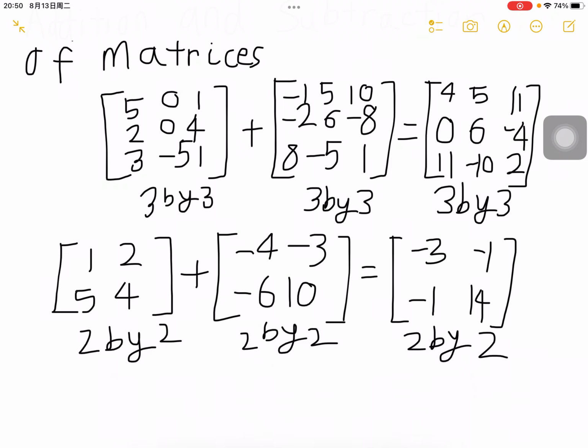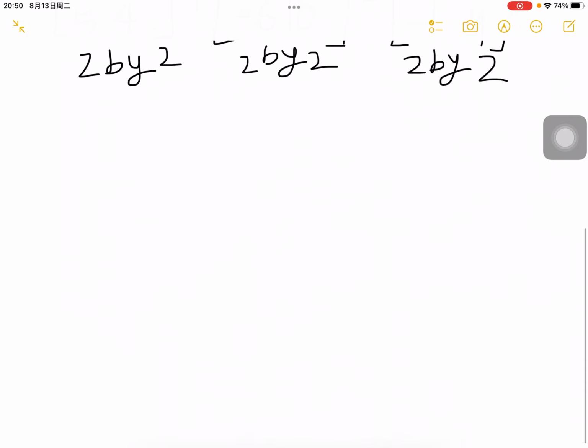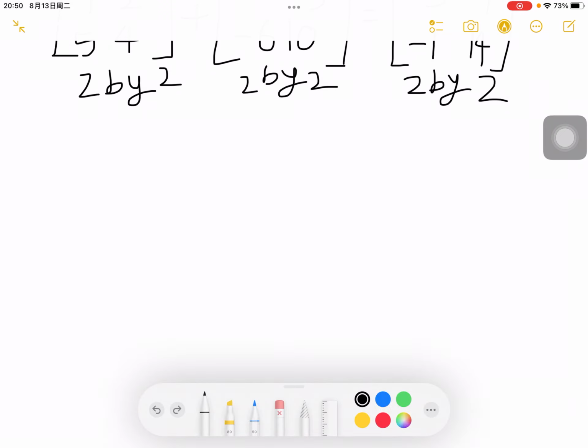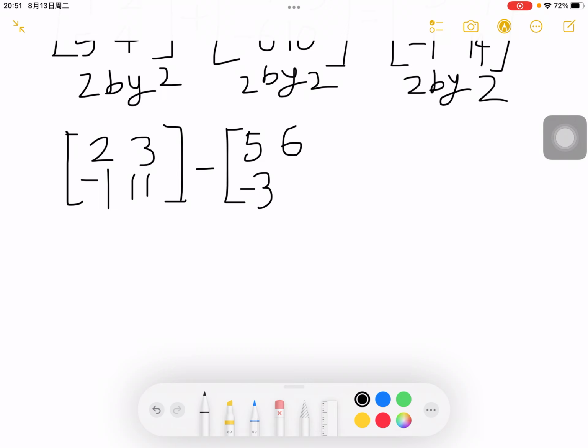So what about subtraction? Well, let's just talk about subtraction here. So let's say I had my 2 by 2 matrix, 2, 3, negative 1, 10, or okay, let's say 11. We're going to subtract this from 5, 6, negative 3, negative 1.